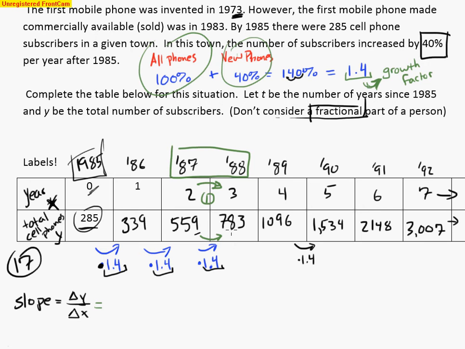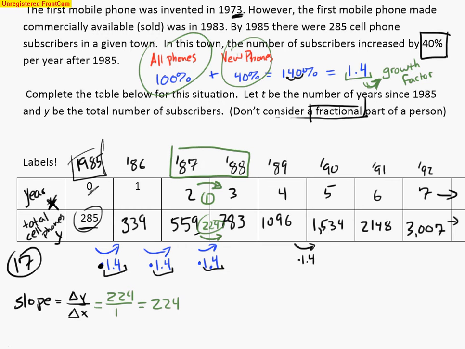So I take 783 minus 559, and that's going to be a change of 224. So my y goes on top, 224 divided by 1. That equals a change of 224. So that's my slope between 87 and 88.